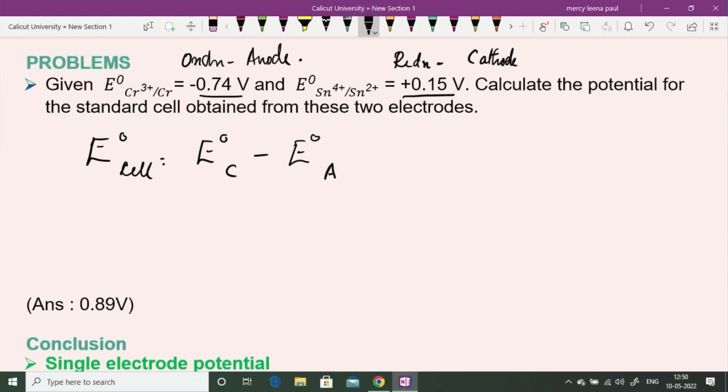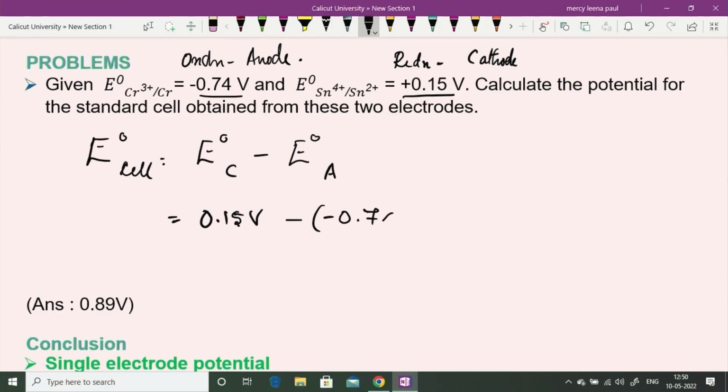So, you can calculate it, that is cathode is 0.15 volts minus of minus 0.74 volts, and when we do it, we will get the answer as 0.89 volts. So, first the thing is you have to identify which is the cathode and the anode from the values given, and only then you can apply that to the equation, otherwise the answer will go wrong.